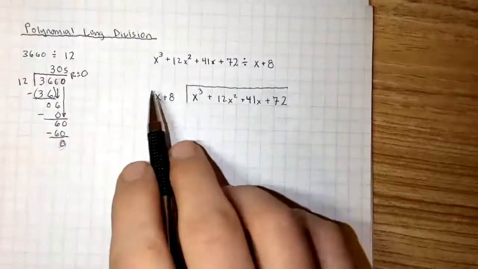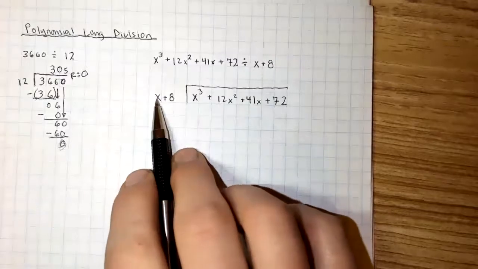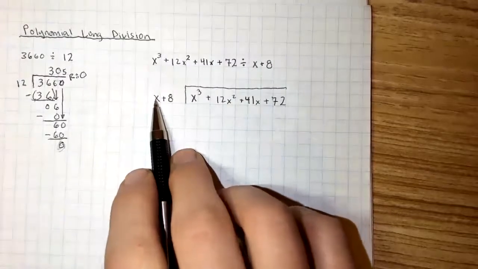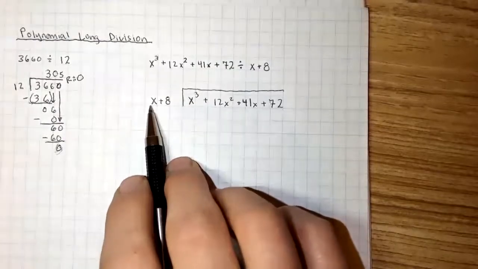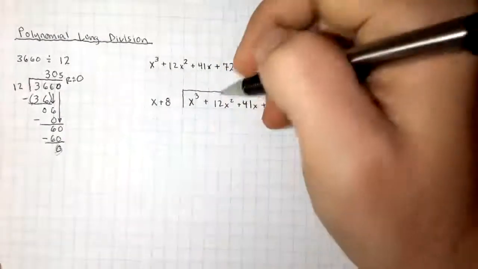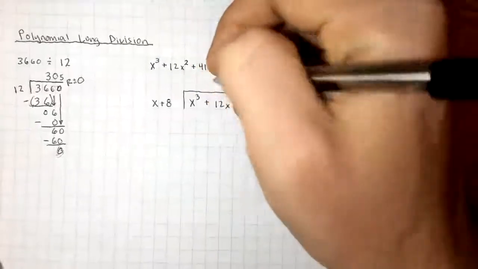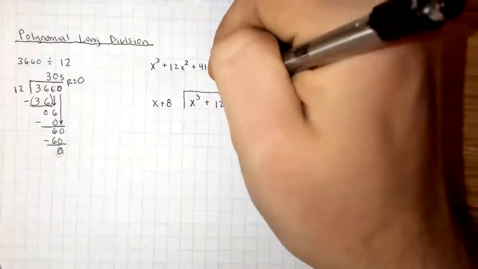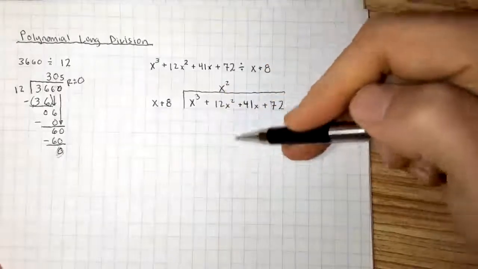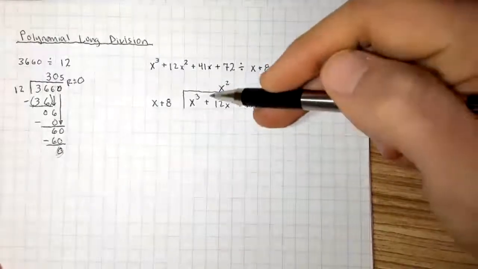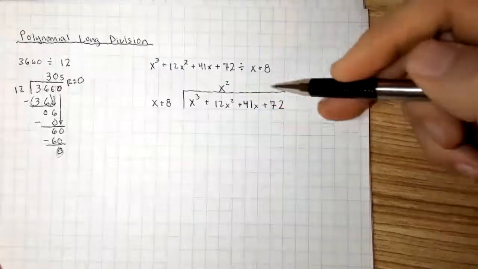So x cubed divided by x is x squared. Now, a tip: try to line that exponent up like this. I want the x squareds to all go in one column, just to help me organize the problem and help me keep track of what I've done and what I still need to do.